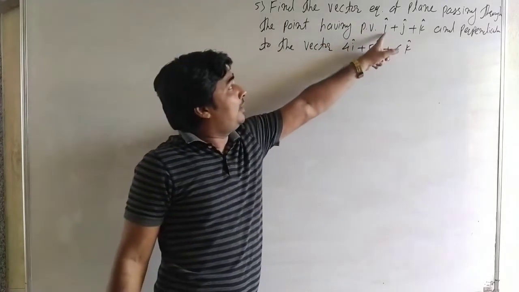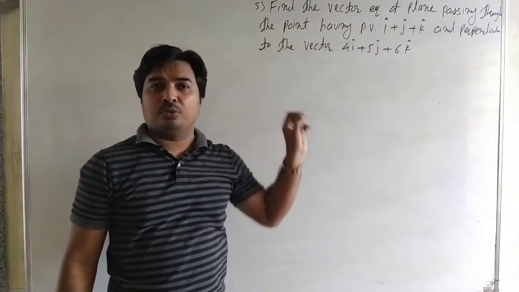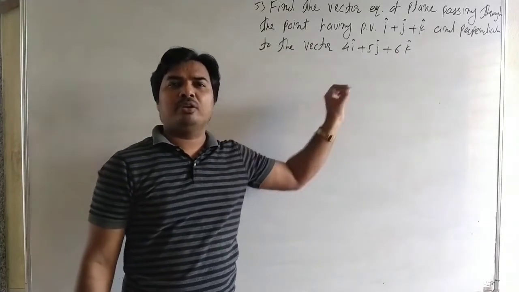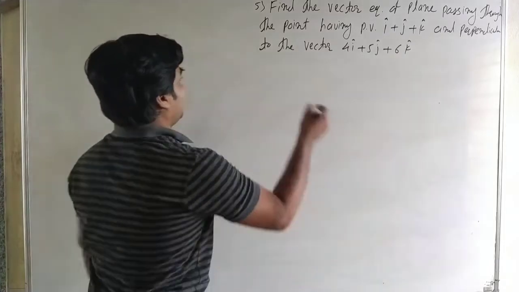the plane. It is a bar and it is n bar, and the equation of plane is r bar dot n bar is equal to a bar dot n bar. Okay, simple calculation.